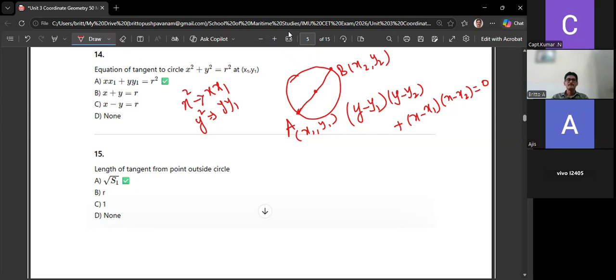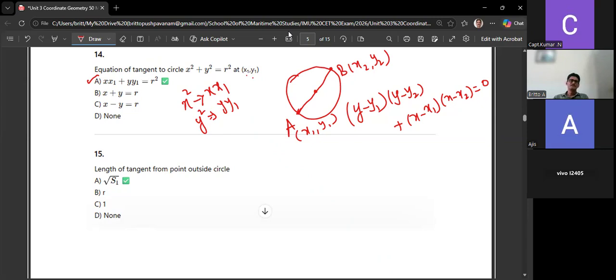The tangent equation of the circle is obtained by changing x squared to x x1 and y squared to y y1, at the point (x1, y1). So the answer is x x1 plus y y1 equal to r square, where r is the radius.